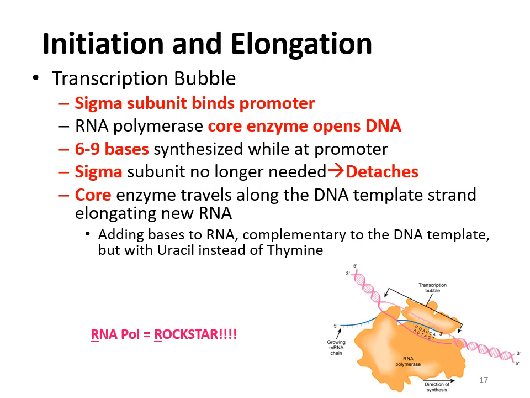Okay? And the reason why I write RNA pol is the rock star is to once again emphasize that RNA polymerase does not have the limitations that we saw with DNA polymerase.